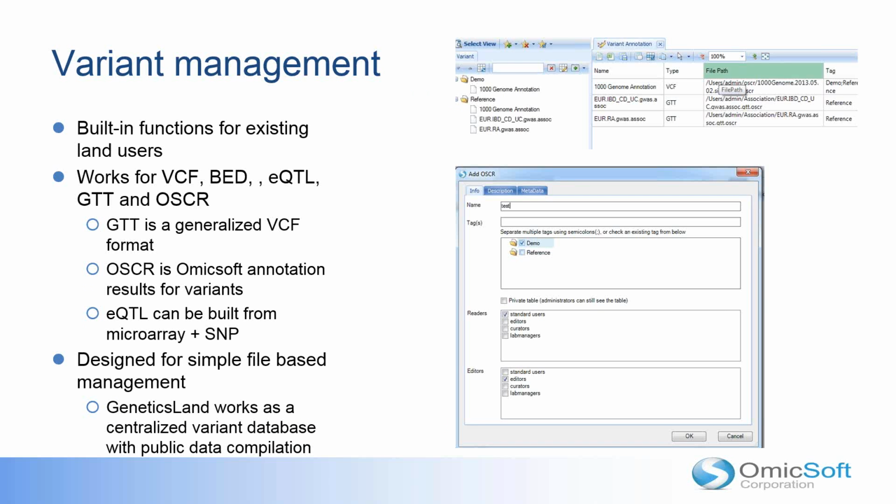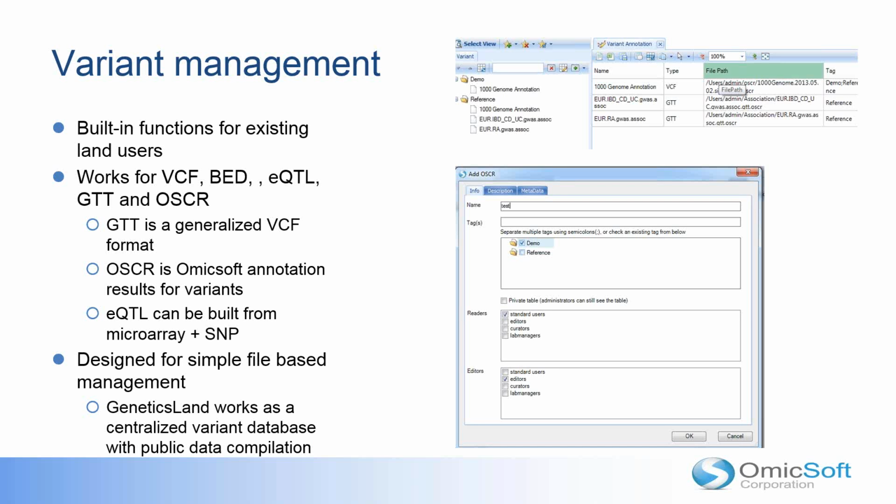So now let's get back to variant management again. I've talked about some analytics, also some variant annotation. But users may have some VCF files and Plink files, or even some EQTL data sets, and when they start to use our variant annotation, they will generate OSCR.